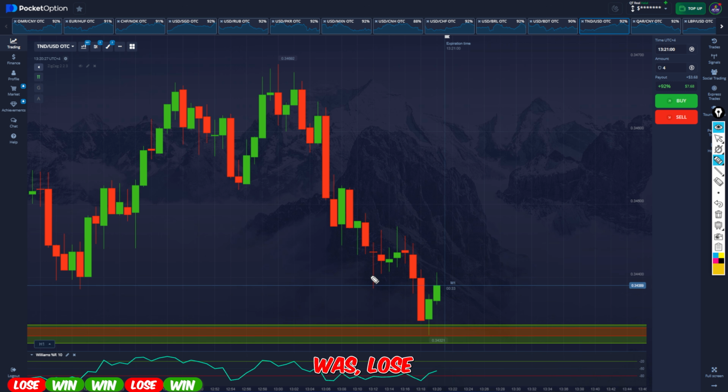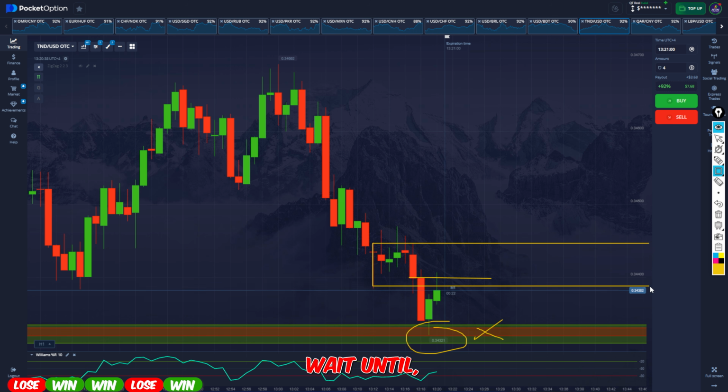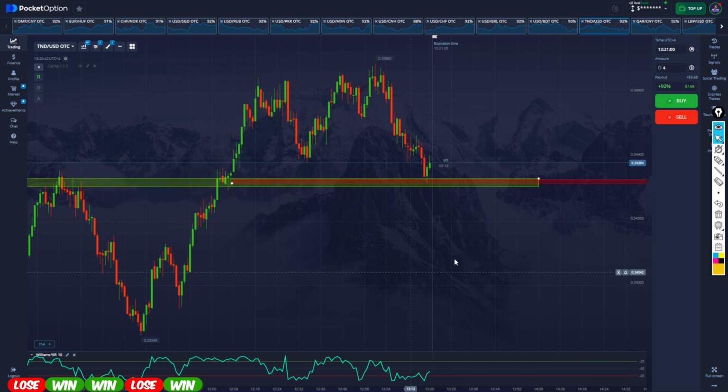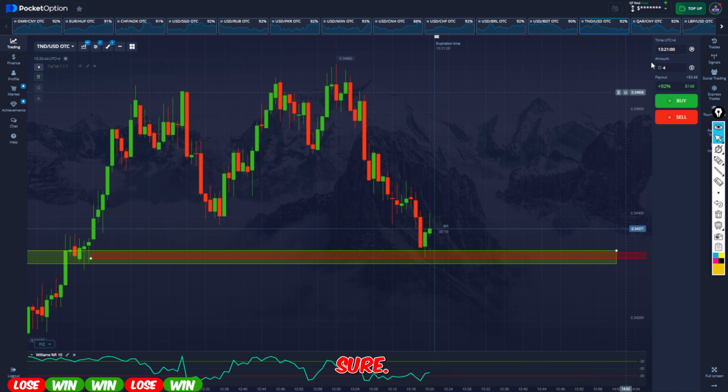So the first one was a loss because it was far from this area. But I waited until the doji break, so it was a sure trade.